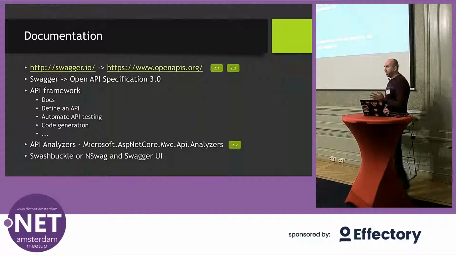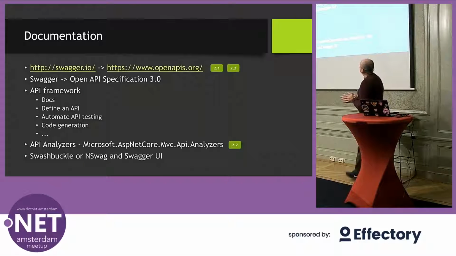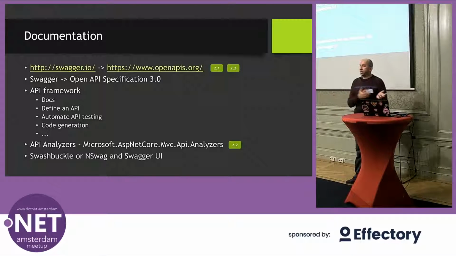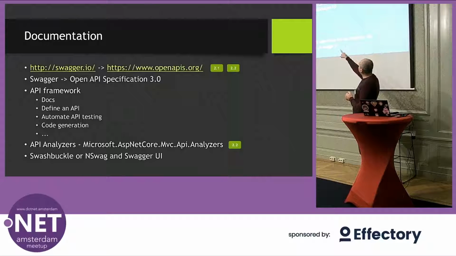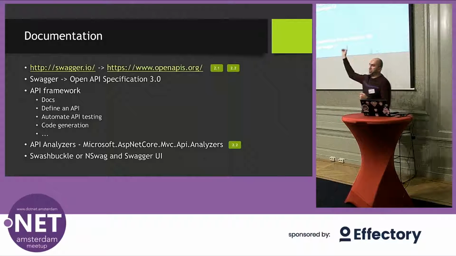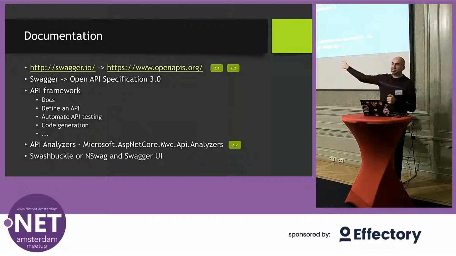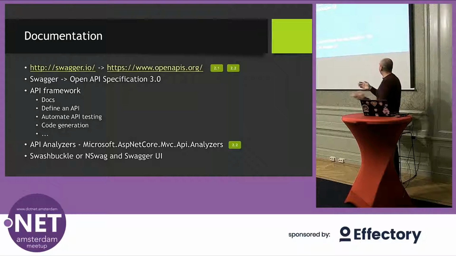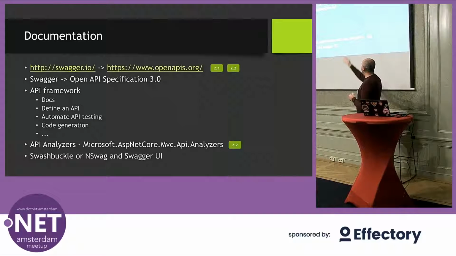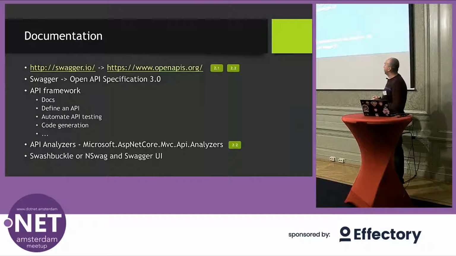Recently, I think a year ago, the company that produced Swagger gave it to open source to be the foundation for Open API Specification 3.0. So that's currently the standard. You'll find that it's still called Swagger, but its new name is Open API Specification 3.0.